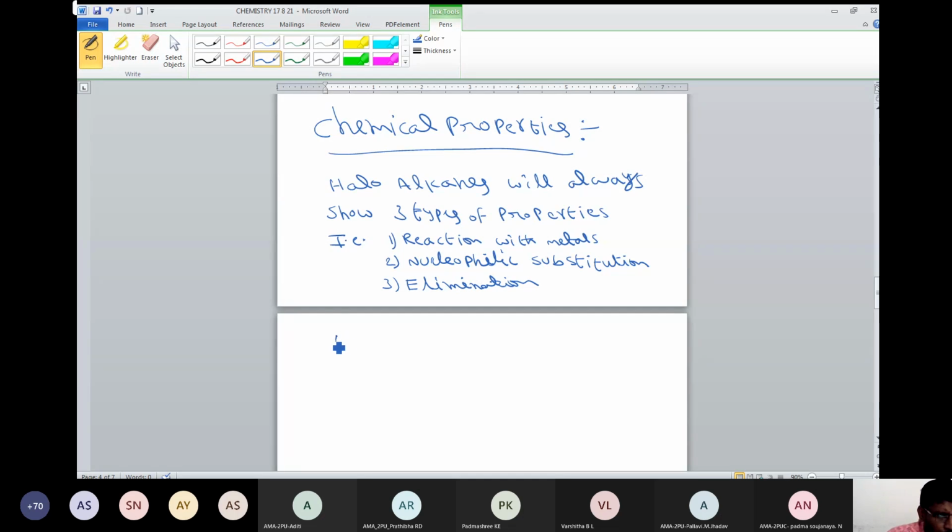First we'll see reaction with metals. This is the first property of haloalkanes. Haloalkanes will combine with metals. How will they combine? We will see.